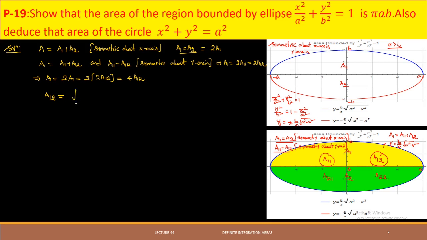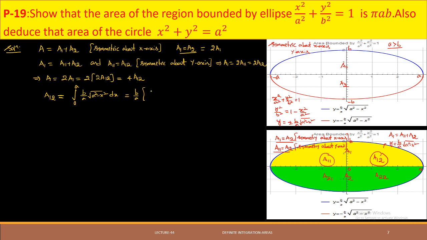a12 is equal to integral 0 to a of b by a into under root a square minus x square. Since the curve is above the x-axis, directly if I integrate it, I will be getting that area, right. So that is equal to b by a into, so what is the integration of under root a square minus x square?